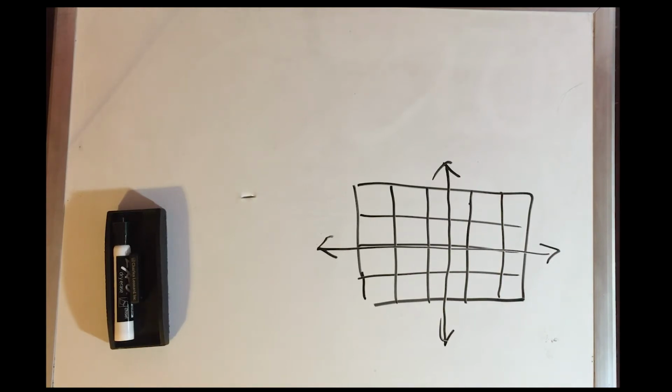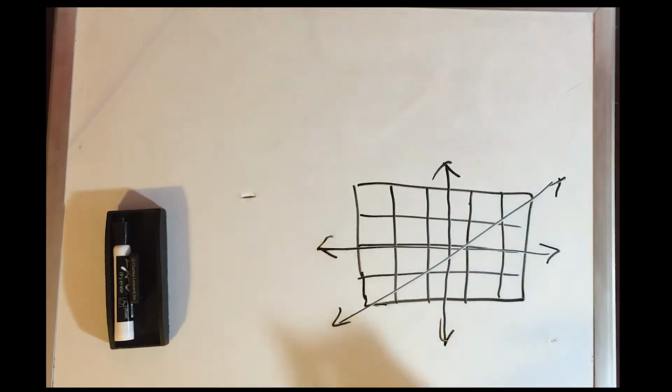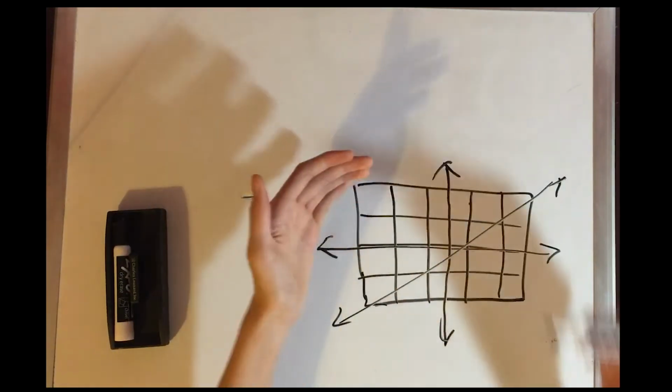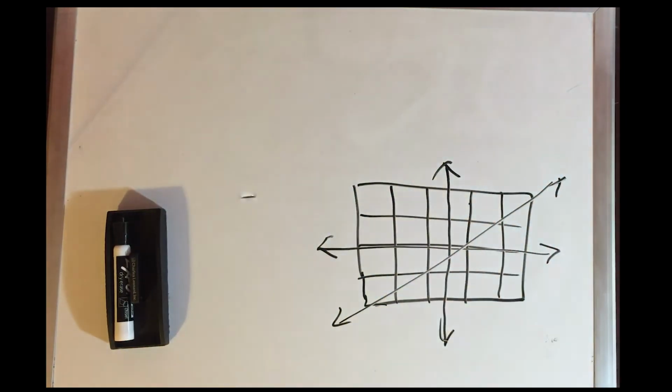You might think that the diagonal of the rectangle is a line of symmetry, and it looks pretty good, right? It looks possible that if you flip this section over to this section, that it would be symmetrical, but it's actually not.